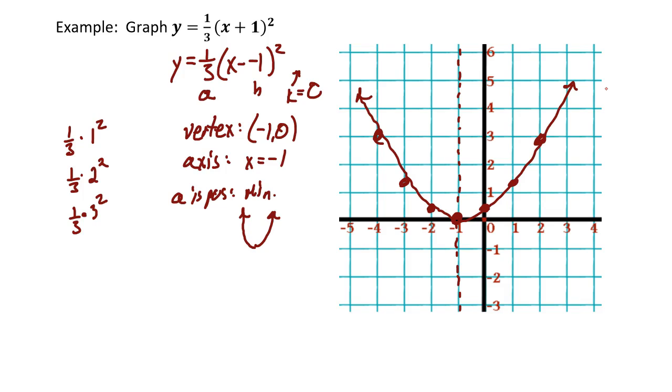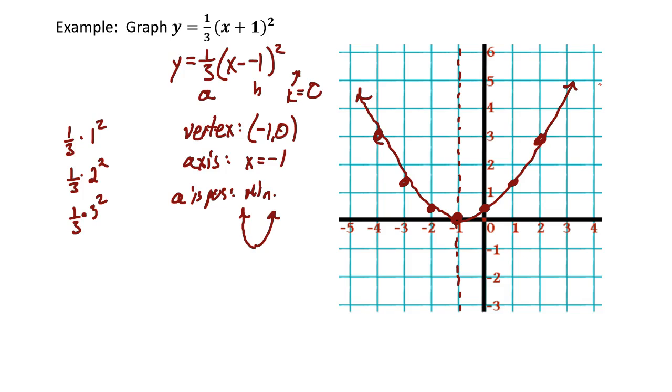Let's summarize the lesson. We discussed how to graph a parabola when the equation is in a particular format called vertex form. First, find the vertex. Second, draw a vertical line through the vertex called the axis of symmetry. Third, figure out whether the vertex is a minimum or maximum so you know if the parabola opens upward or downward.